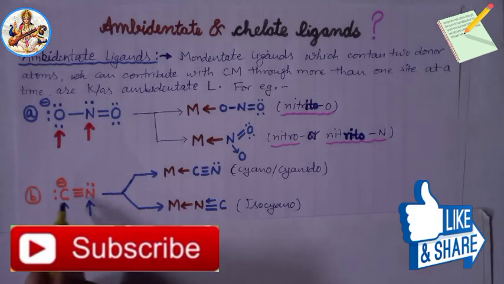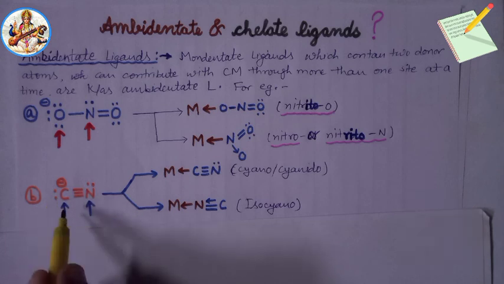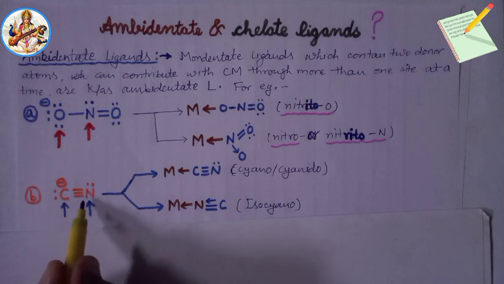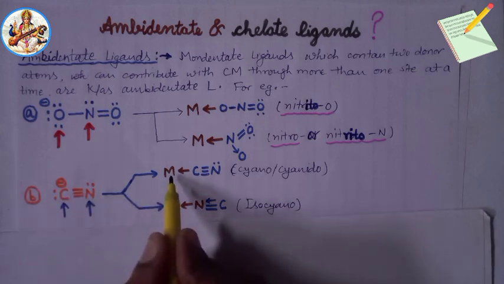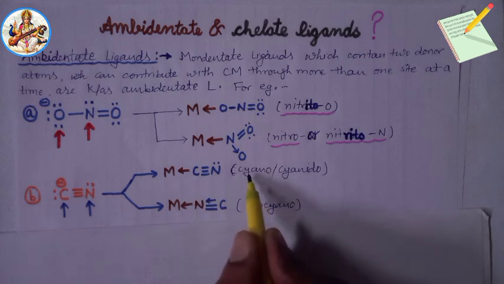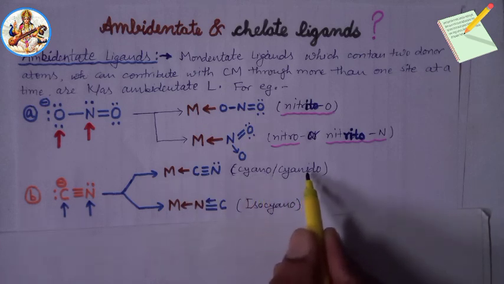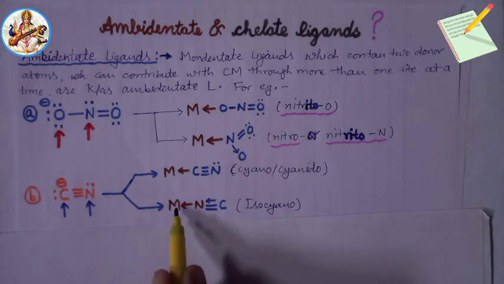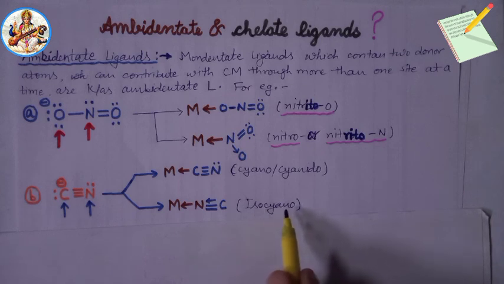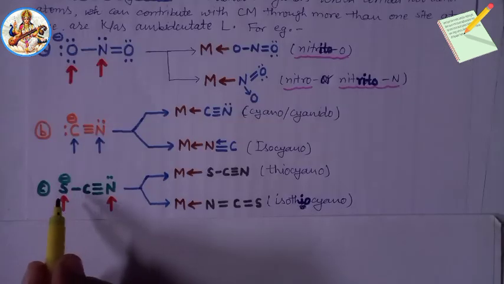Similarly, cyanido CN minus is a monodentate ligand which has two donor atoms, carbon and nitrogen. When carbon is attached with the central metal, it is called cyano or cyanido, whereas when nitrogen is attached by a dative bond, it is known as isocyano.